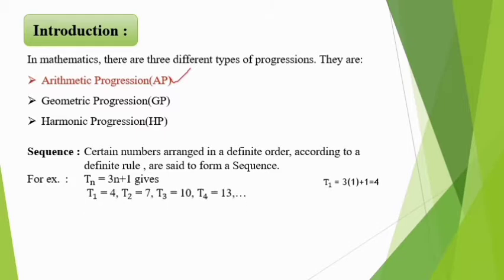Our first term is 4, second term is 7, third term is 10 and fourth term is 13 and so on. Thus the numbers 4, 7, 10, 13 form a sequence.